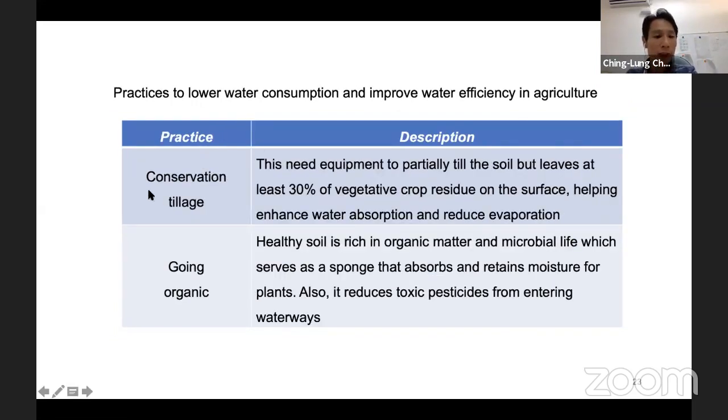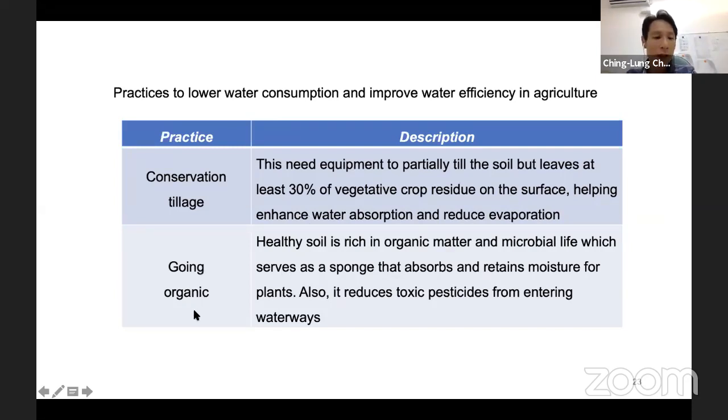And then next is called conservation tillage. This needs equipment to partially till the soil, but leave at least about 30% of the vegetative crop residue on the surface. And that helps enhance water absorption and reduce evaporation.